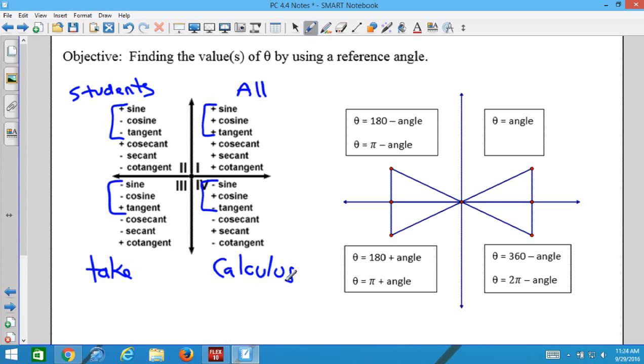In quadrant 2, S is positive, so sine. We're just going off the main ones. In quadrant 3, T, tangent, is positive. And in quadrant 4, C is cosine. You're just going off the main ones, not cotangent, just cosine. So if you can remember "all students take calculus," then you know which ones are positive. You've memorized which ones are positive in which quadrant.